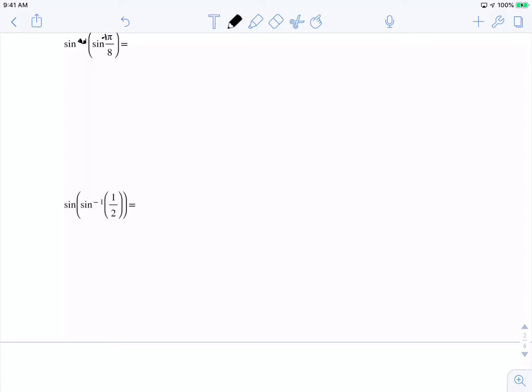Let me show you another example. So in this case here, I'm going to work on the inside piece. So I'm going to say, all right, let's let theta equal sine inverse of 1/2. And so just like we've done in the previous examples, sine theta is equal to 1/2. And here we know that theta is pi over 3 from our unit circle.